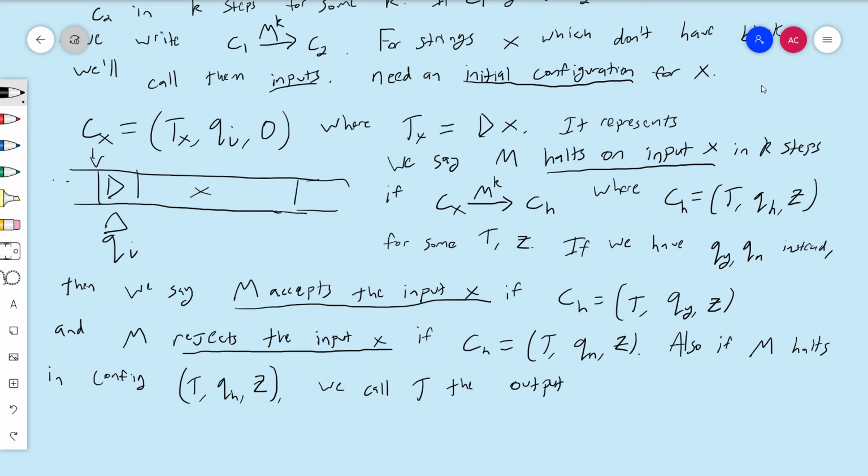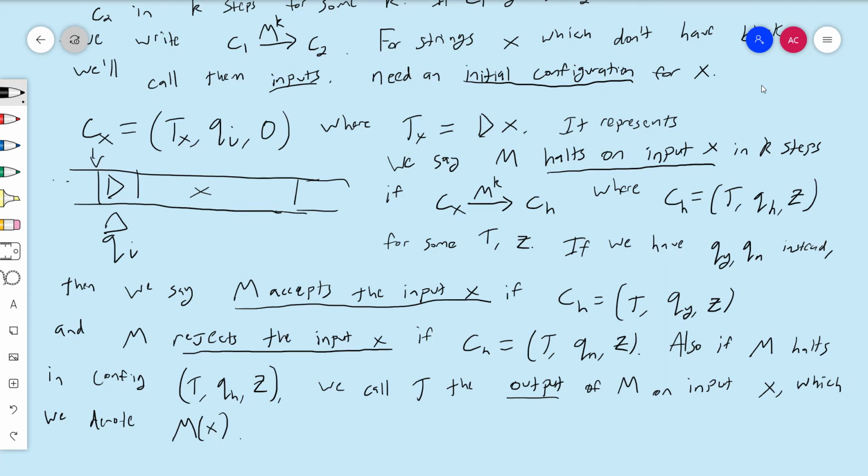So the string that we're left with when we halt, if we halt, is the output of M on input x, which we denote M of x.